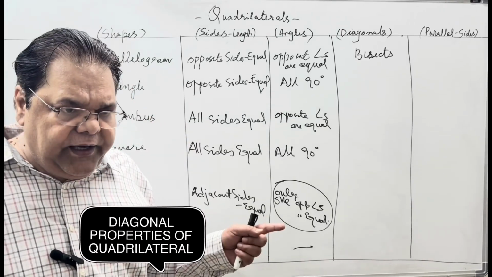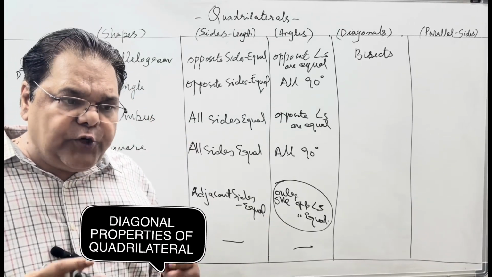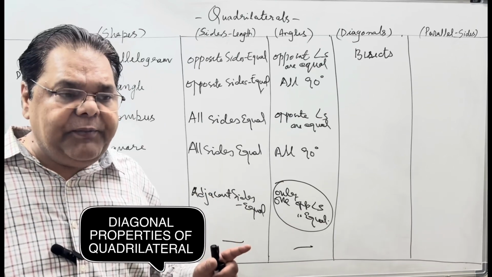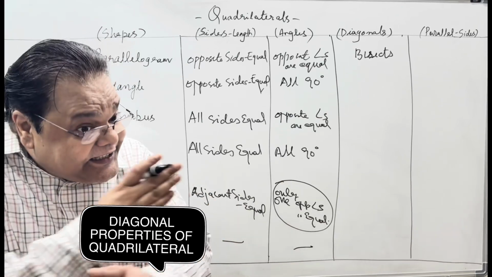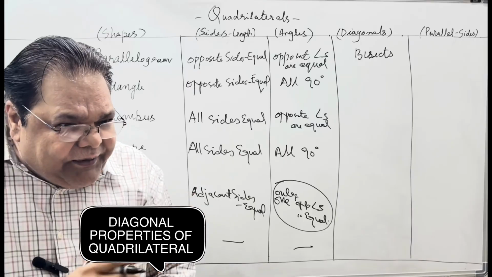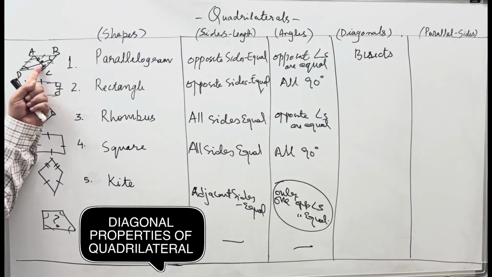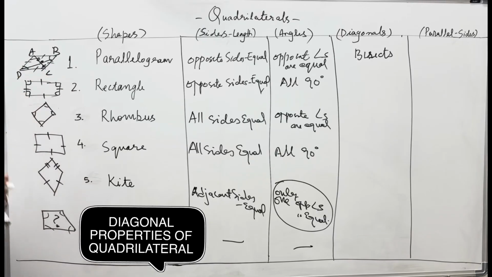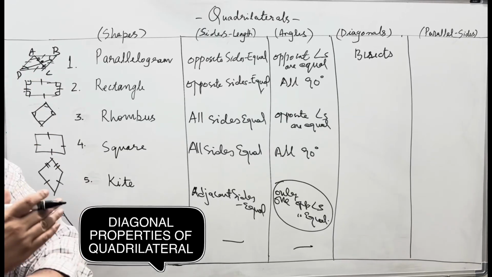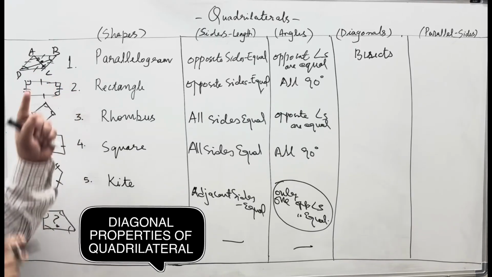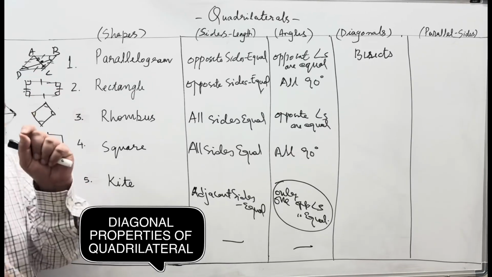When you join the opposite vertices, the diagonals will intersect, cross each other at some point. Let us say that point is O. So ABCD is a parallelogram, you have joined the vertices to make the diagonals, and the common point is O.